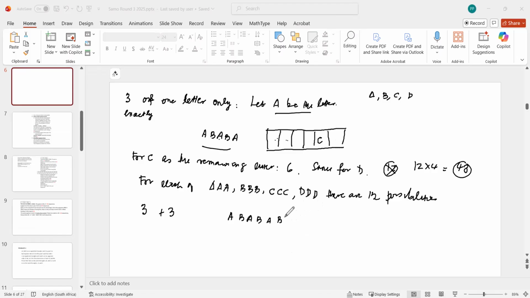Then you could have had AB, or you could have had BA, BA, BA, and that will give you two different. So for just A and B, you have two, if the last letter was B.